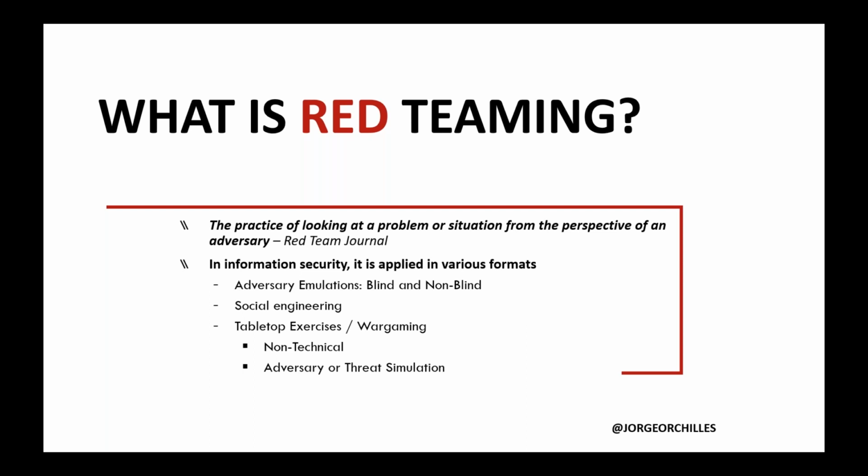I'll give a shout out to Black Hills Information Security with their Backdoors and Breaches card game that allows you to do these tabletop type of exercises. These, again, are non-technical. In this case, we're going to talk about the more technical ones, really focusing on adversary emulations, understanding the adversary, and then emulating them.